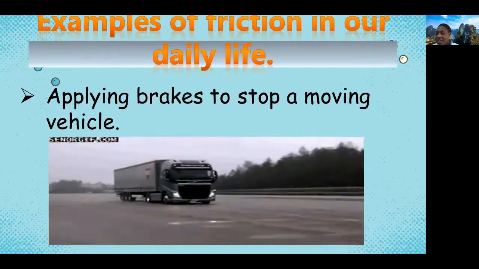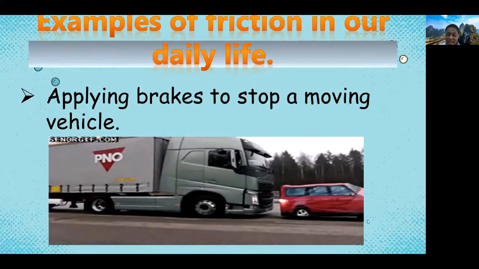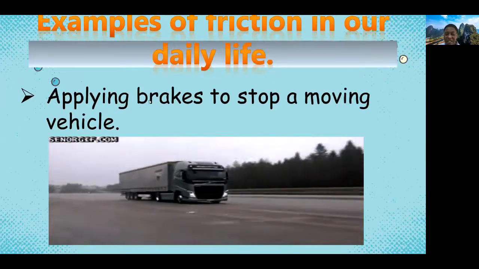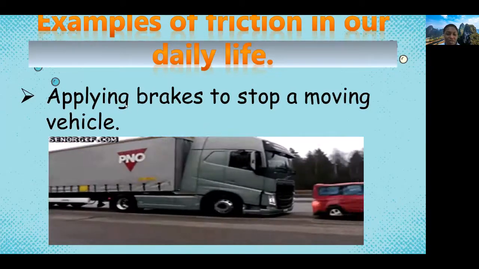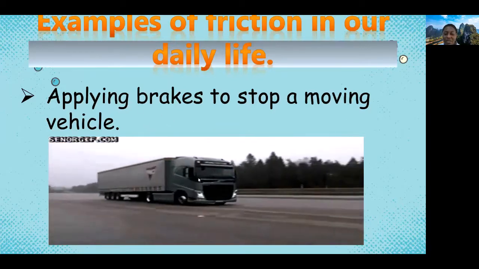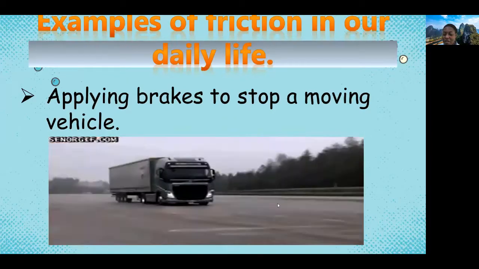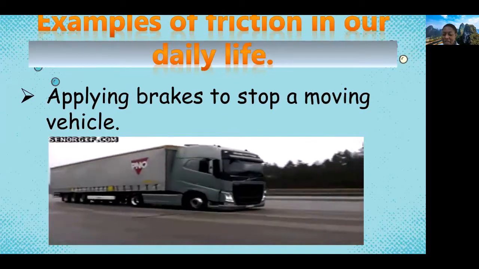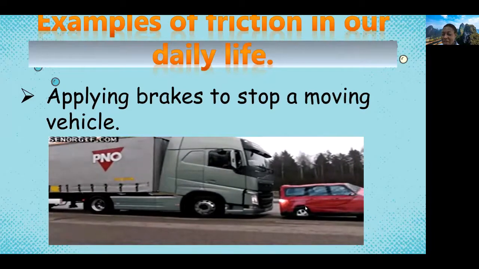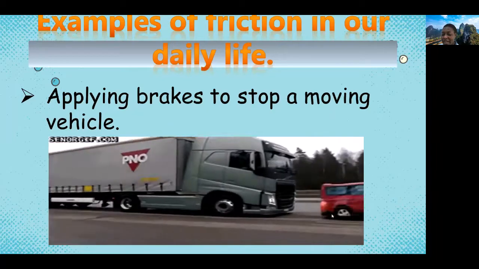This is a truck. And this is an example of how friction is used in our daily lives. There is a truck and there is a small vehicle here. Both of them apply brakes. If there were no brakes, maybe there could be an accident. Maybe this truck could crash into this small vehicle.